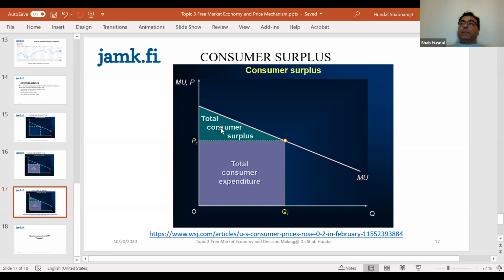If the seller was very greedy and doesn't want to leave any consumer surplus with you, then the actual expenditure would have been this much only. So he would have extracted, squeezed all the consumer surplus left with the consumer. But the reality is that what you are willing to pay is still more than what you actually pay. And as a result, the seller allows some consumer surplus with the consumer.